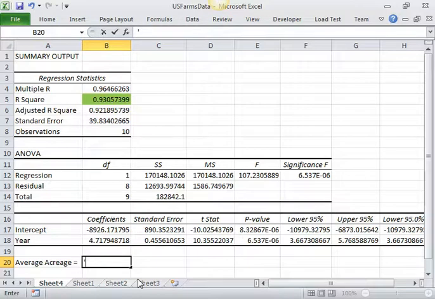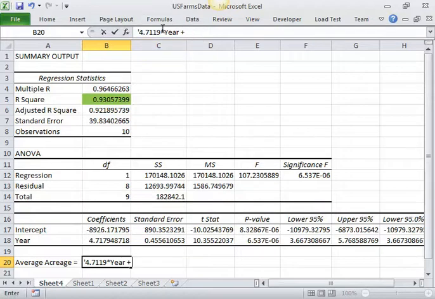So it will be equal to 4.7179 and so on times the year plus, now because this is the intercept, you don't say multiply times the intercept. In the form of y equals mx plus b, y is the average acreage, m is the 4.71, x is the year, and b is the coefficient of the intercept.